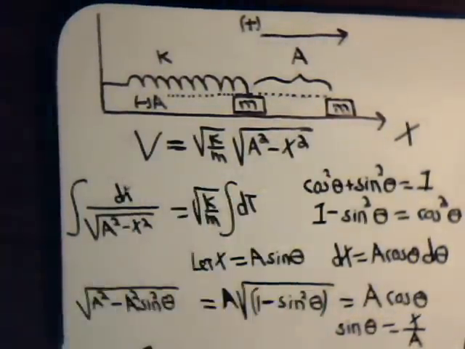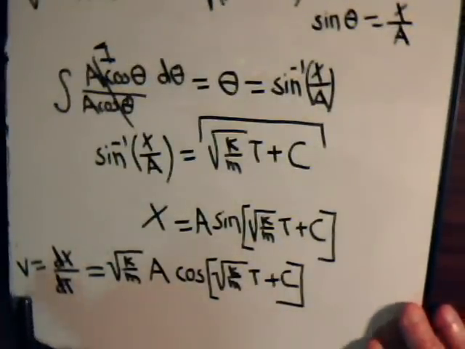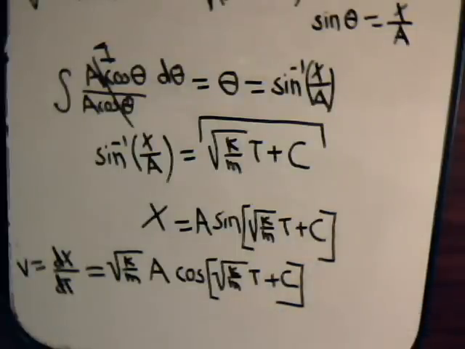Then once we knew that information, we could use that to determine the position of the block at any time, and then the velocity of the block at any time. Now what we want to do is consider the period of this system.